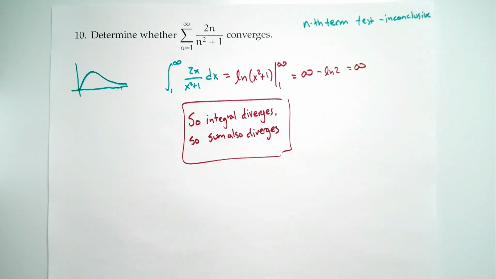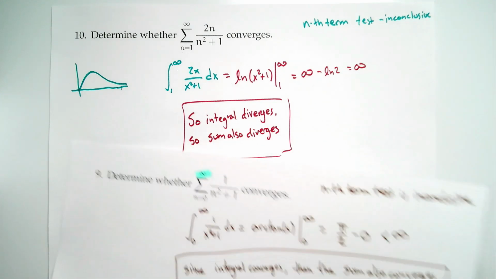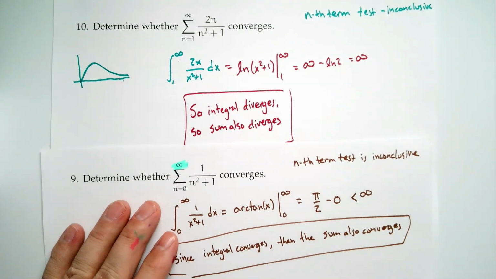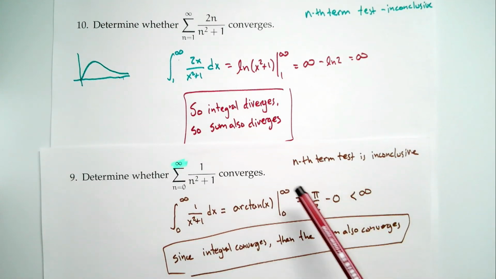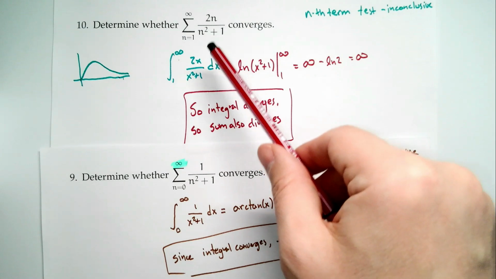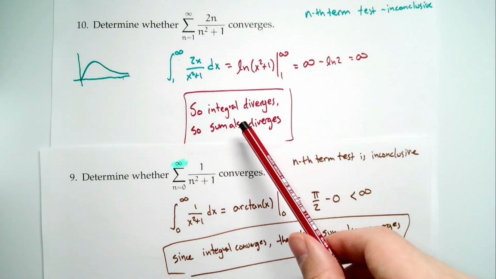And there you go. So yeah, if you compare the previous two problems, numbers 9 and 10, you'll see that the nth term test really is not very conclusive. Because on number 9, we saw, hey, the terms went to 0 and the sum converged. Here in number 10, the terms go to 0, the sum diverges.